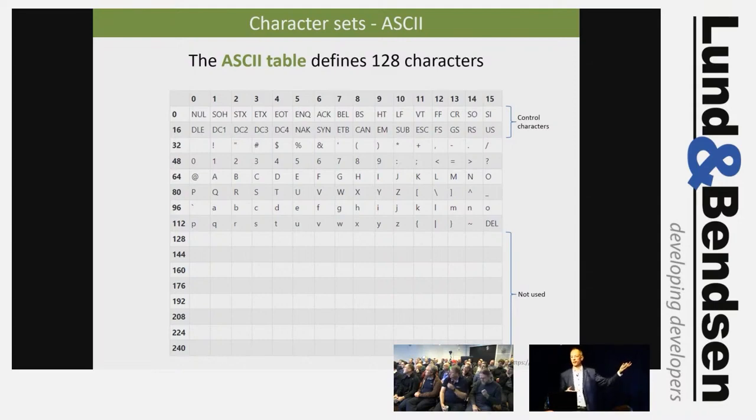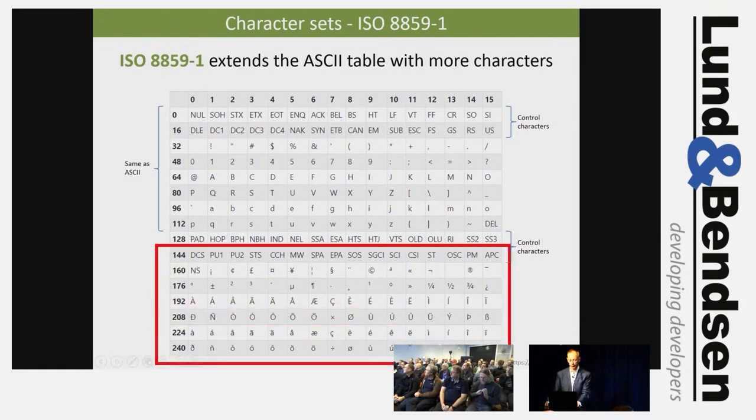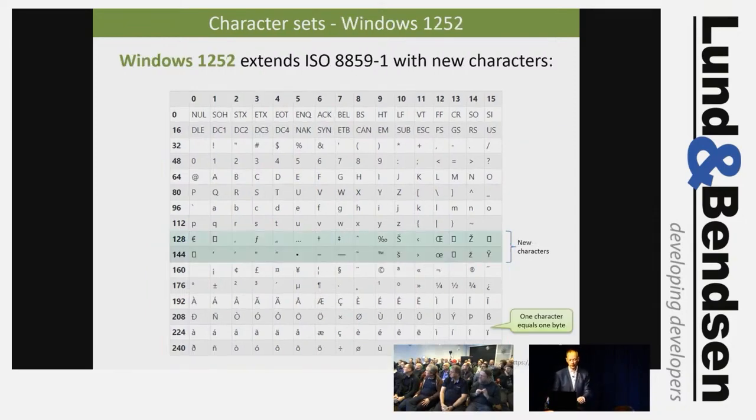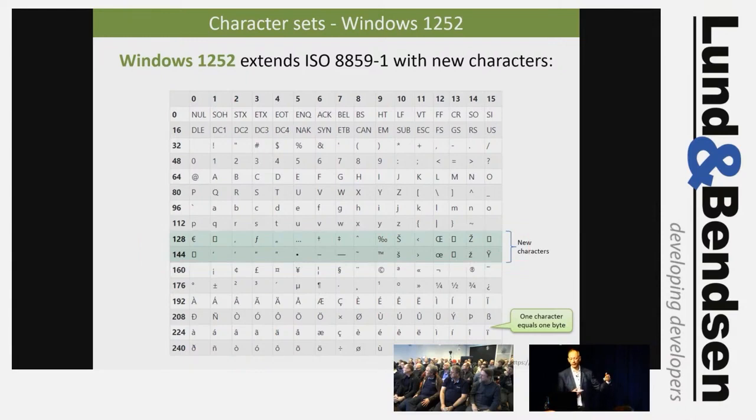But for us Swedes or Danish people, our characters are not part of that map, so we can't use it. So we can use ISO 8859, which is 1 byte per character, and we have support for our characters down here. And there's also Windows 1252 that is almost the same, but with a different set of characters in the middle. But still, this map does not cover the Chinese or the emojis, so we still have some problems.